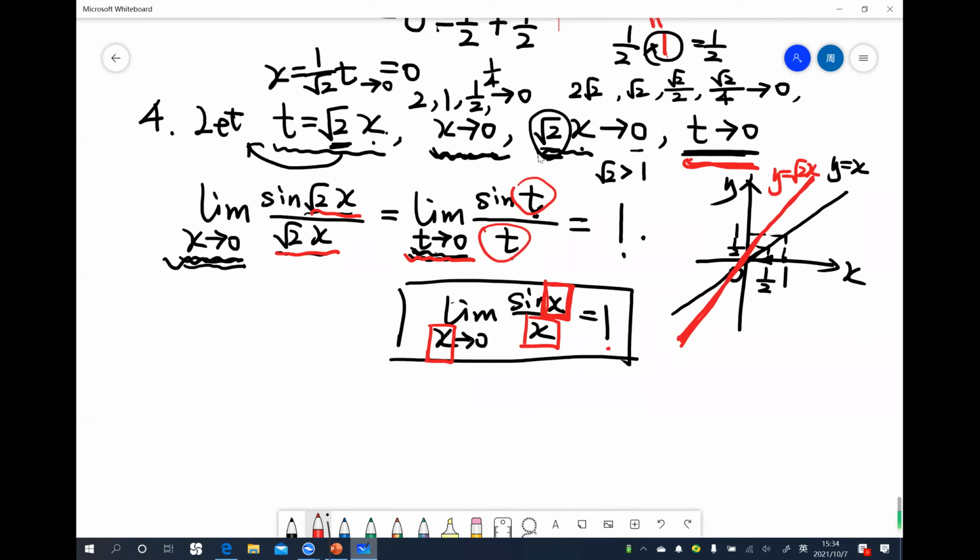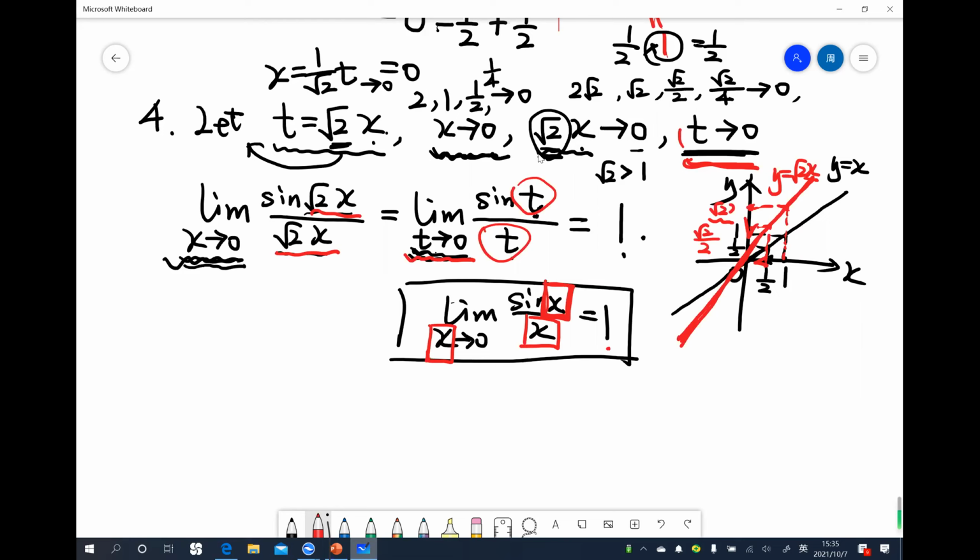As x approaches 0, first, if x equals 1, y equals the square root of 2 times 1, so it's the square root of 2. And if x equals 1/2, y equals the square root of 2 over 2. So you can see if x approaches 0, y also approaches 0 too.